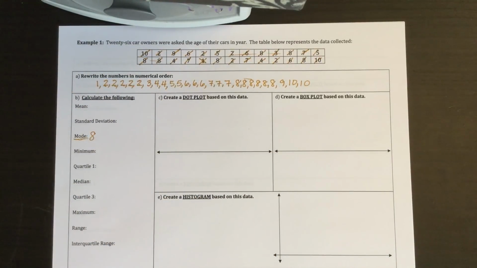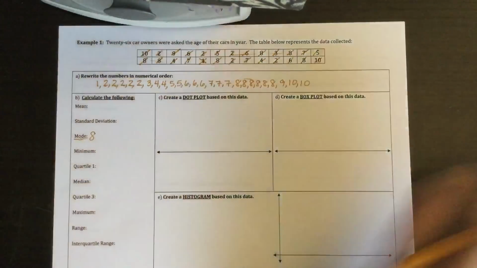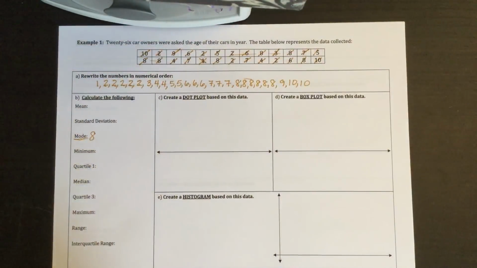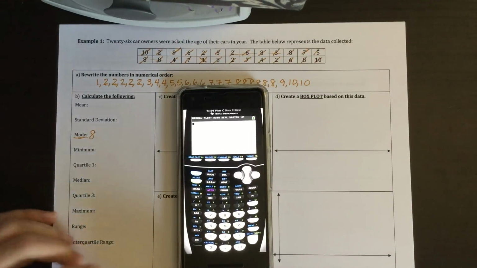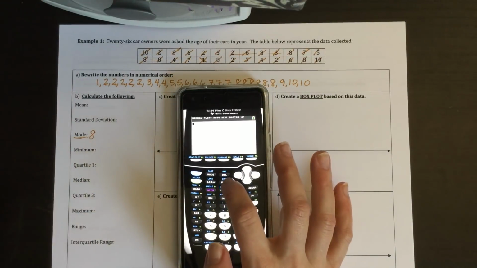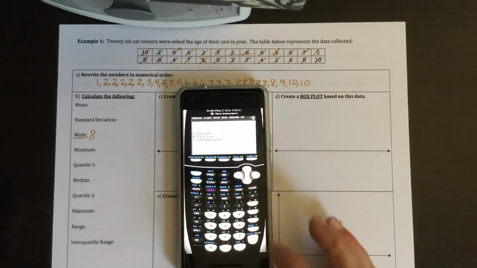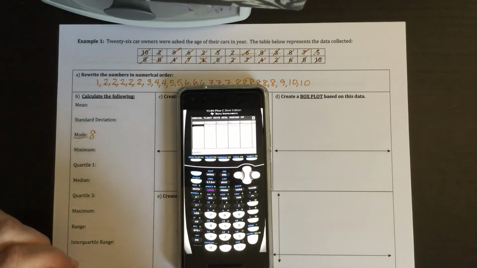Okay. Next thing we want to do is to calculate the following. All right, so we're going to get our calculators. We're going to go, this we might have forgotten from yesterday, stat, edit. And we're going to just type in all of our numbers.